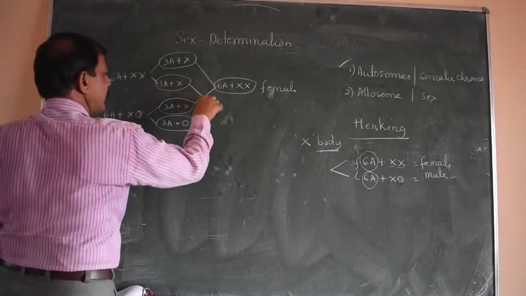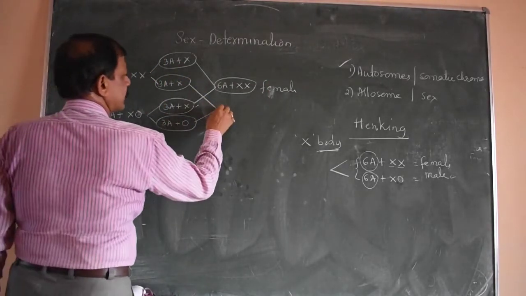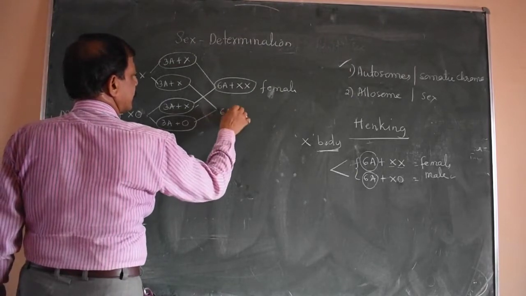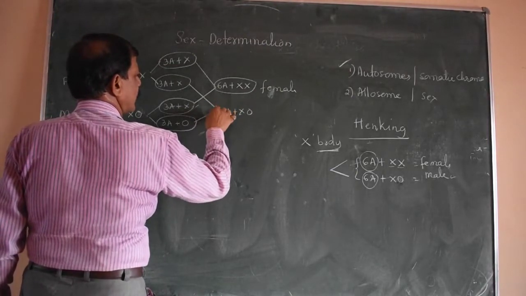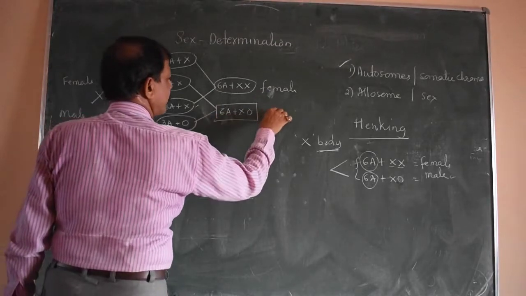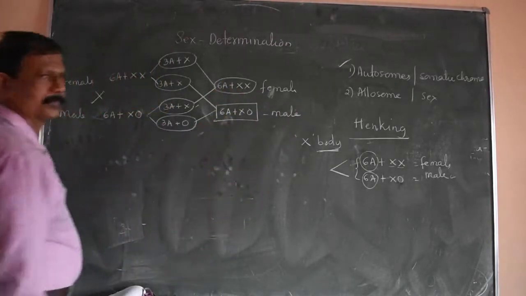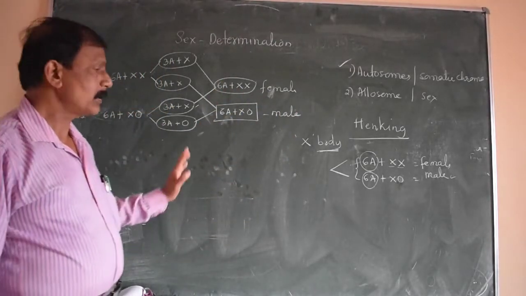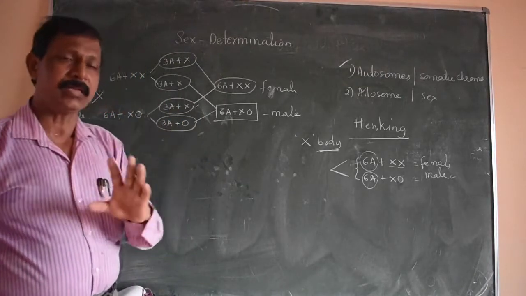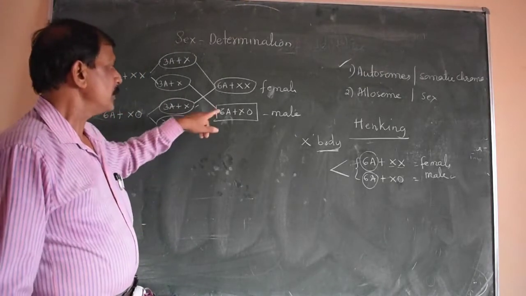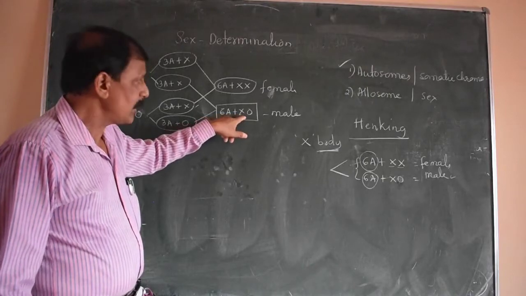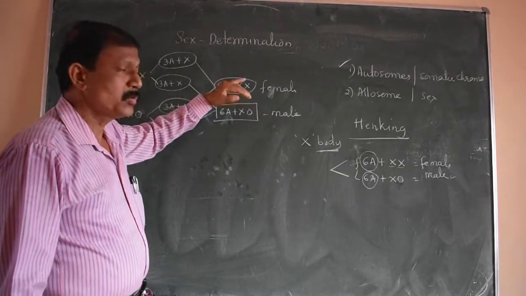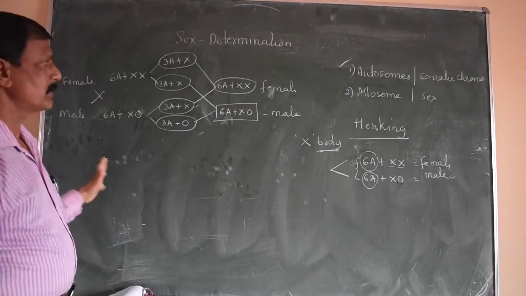If it is this combination, 6A plus X0, that will become a male. So during fertilization, if the X0 is there it is a male, and if 2 X chromosomes are there, that is considered a female.